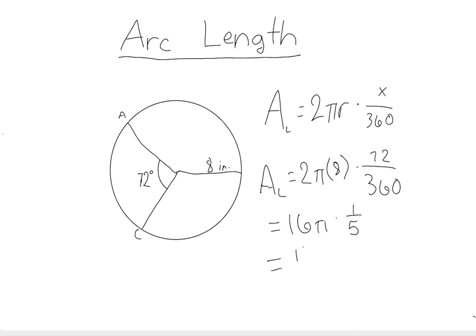And then this is equal to 16/5 pi. This is what it is without putting in the calculator and actually multiplying this by 3.14. We're just leaving it as a fraction with pi. So that would be the length of this entire sector of this arc right here.